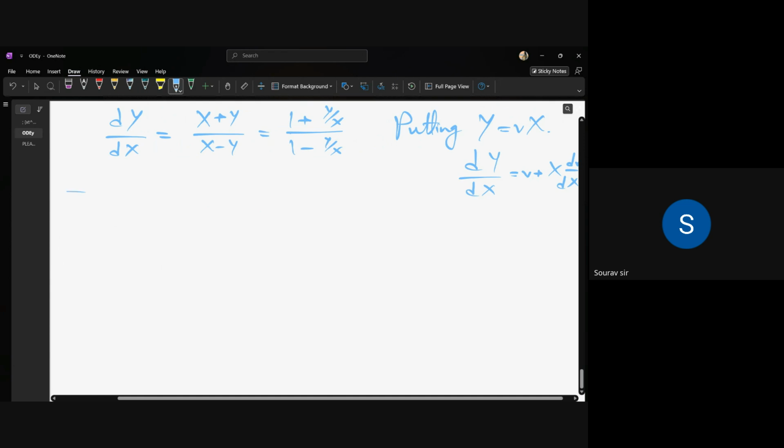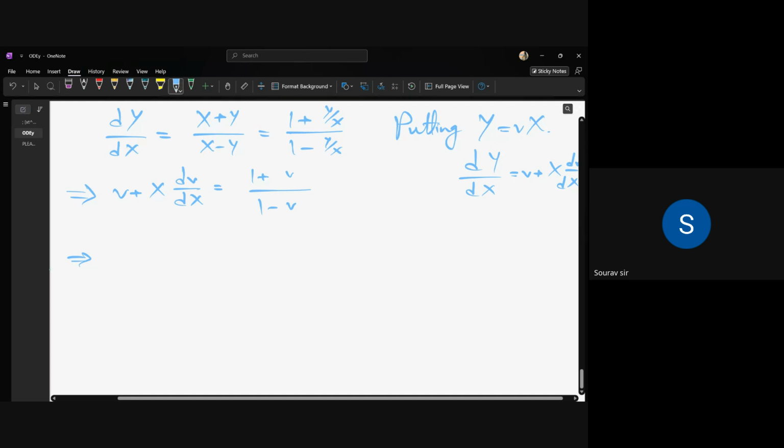So let us apply it here. Y by X is v, we can easily see that, so I am not writing this.